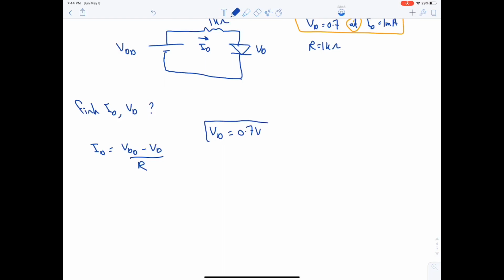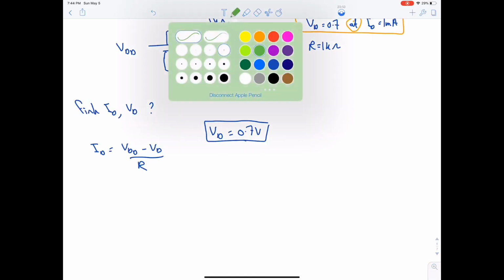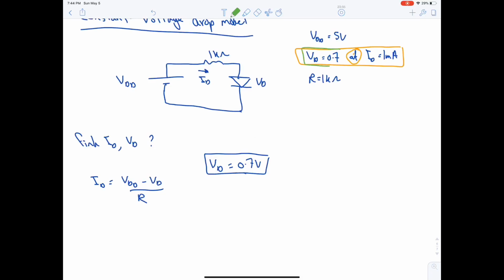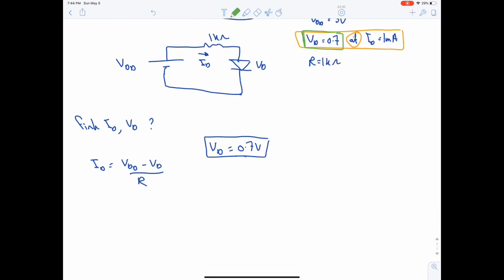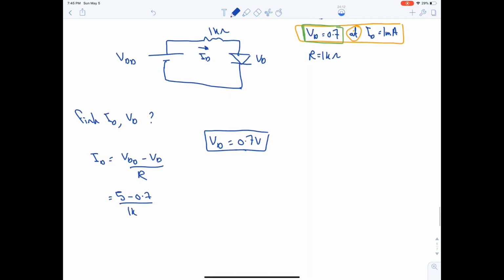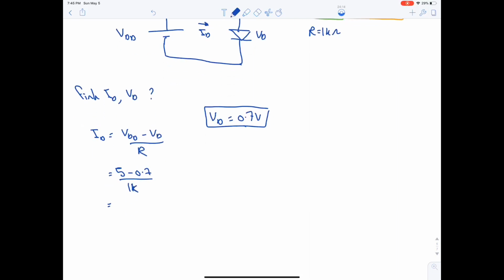So this is the default value of VD. Make note that this is not the same as this. This is for the sample for IS and this is the default. So here it will be 5 minus 0.7 divided by 1K. This will result in 4.3 milliampere. Great.